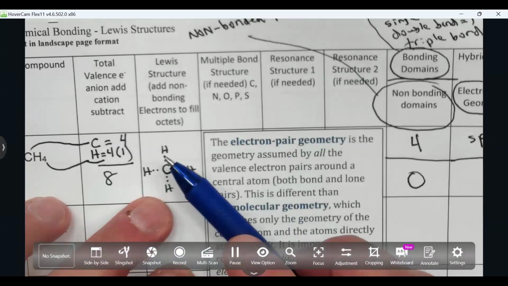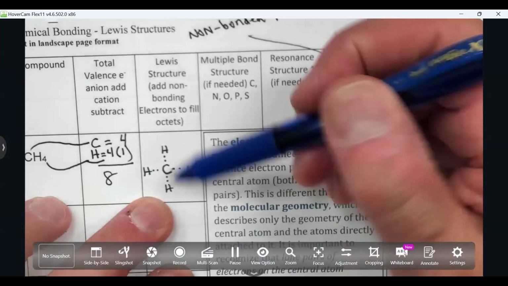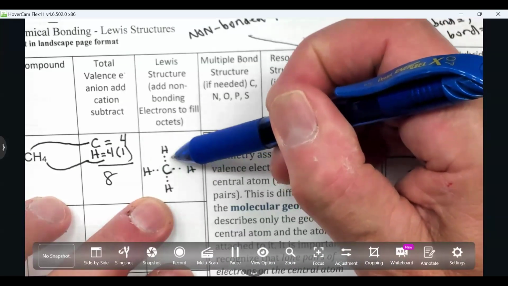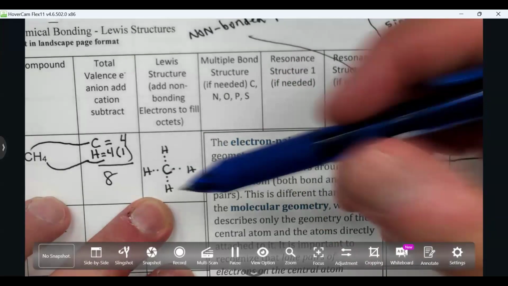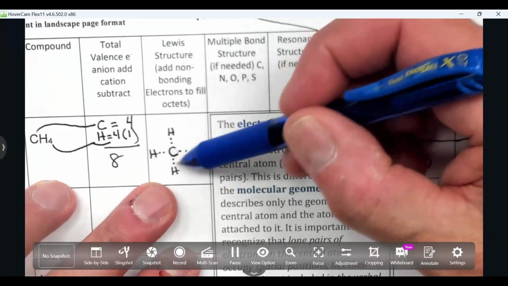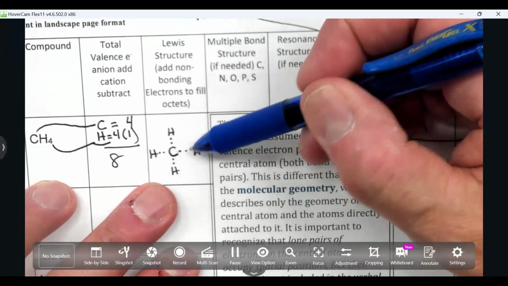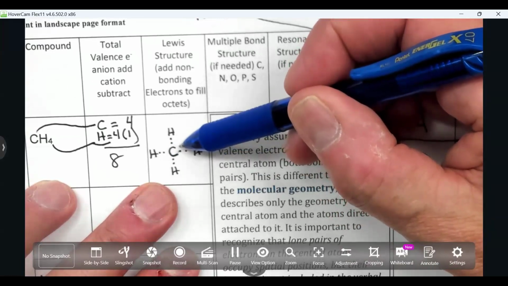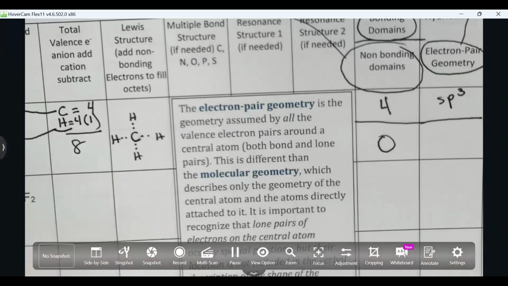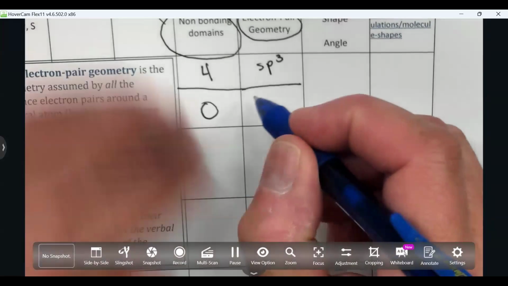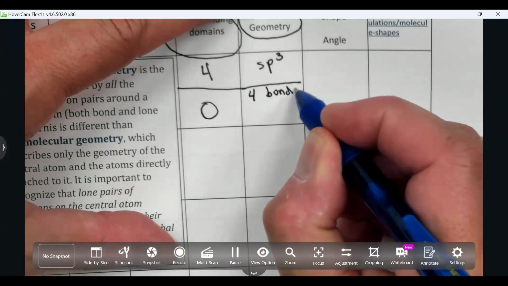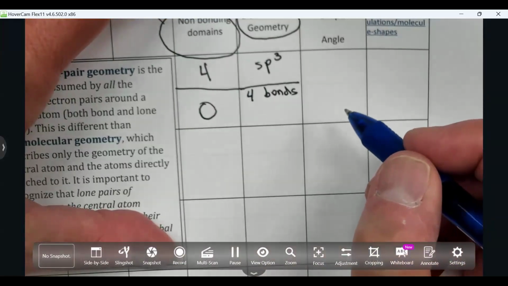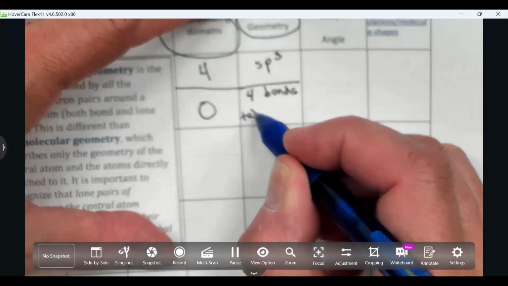This has 4 bonds, correct? Pretty soon you're going to see a pair of electrons not bonded to anything. So my electron pair geometry for this has 4 bonds. If I had a non-bonded pair, it could have 5 bonds. So my electron pair geometry here is 4 bonds, and that is tetrahedral.